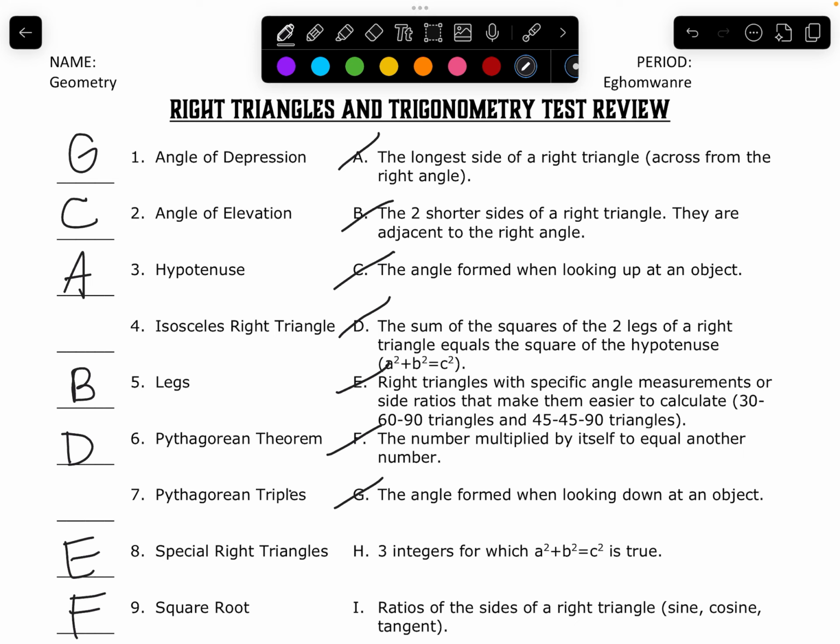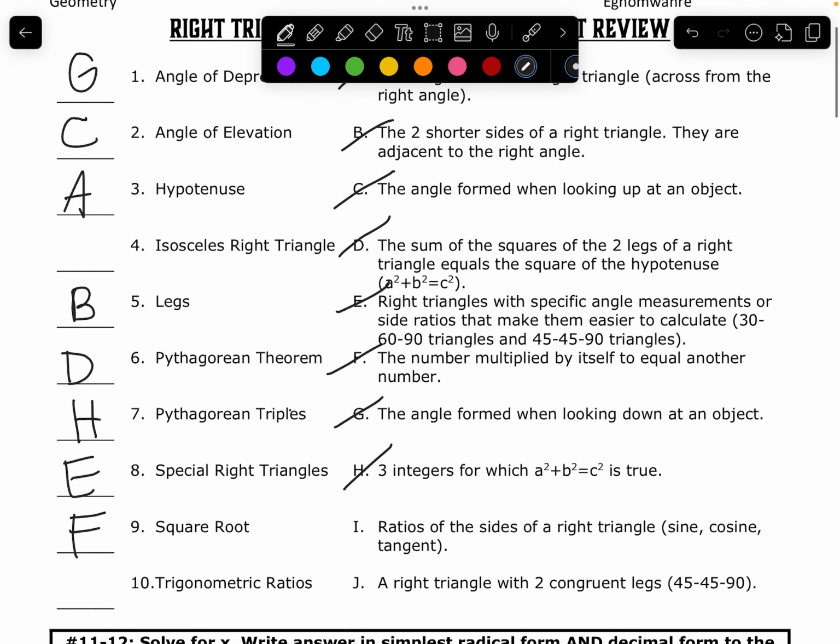Three integers for which A squared plus B squared equals C squared are Pythagorean triples. The ratios of the sides of the triangle, sine, cosine, or tangent, are trig ratios. A right triangle with two congruent legs is an isosceles right triangle.